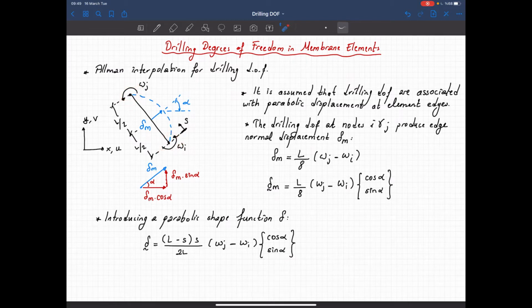We may also have some translations in the u and v directions.